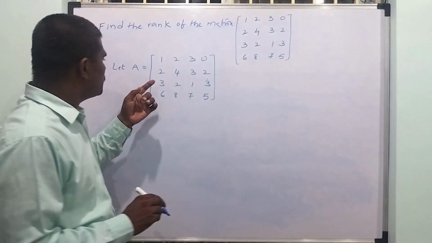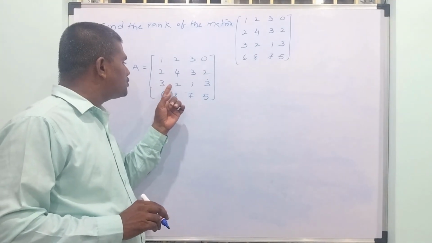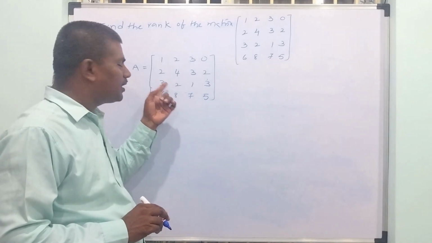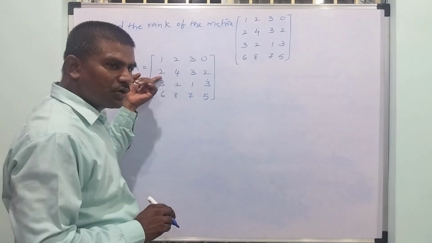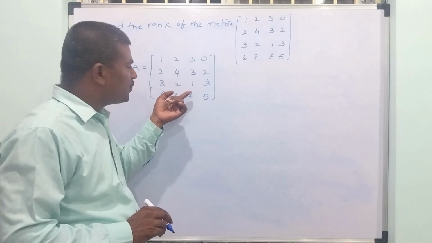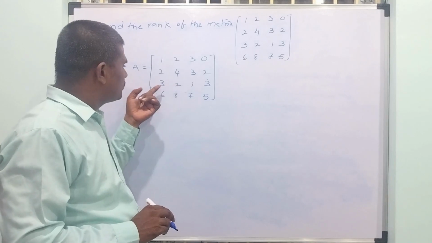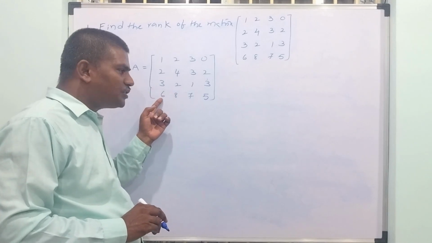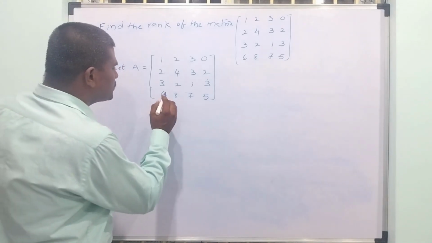Which means, if this is 0 here, these two must be 0, because the number of zeros before the first non-zero element is 0 here, 1 here, and in the next row it will be these two. These two must be 0 by the definition, and for this one you have to make these three elements 0.